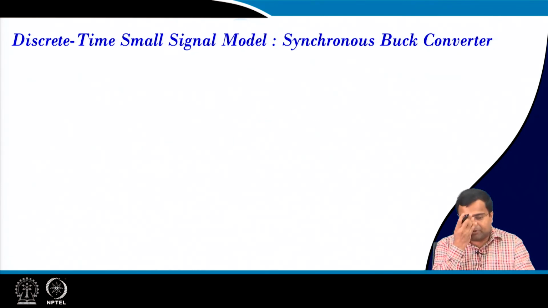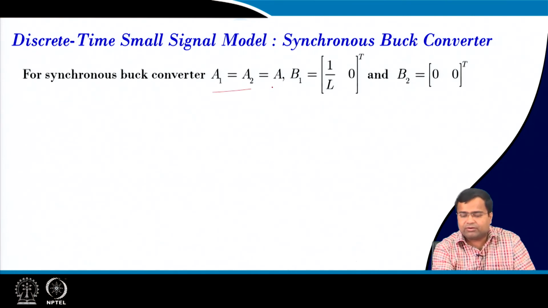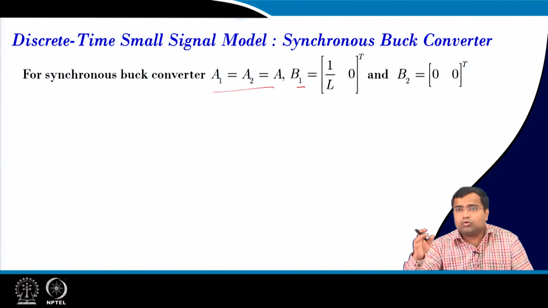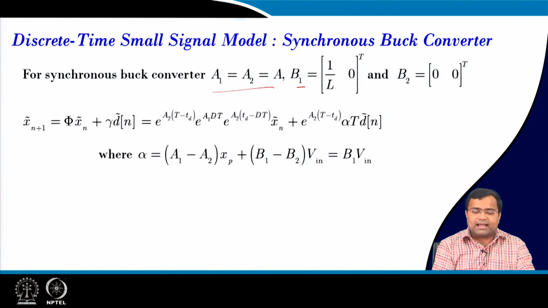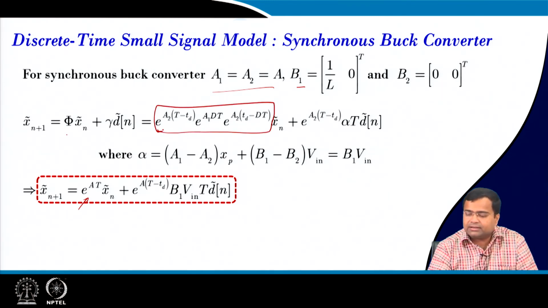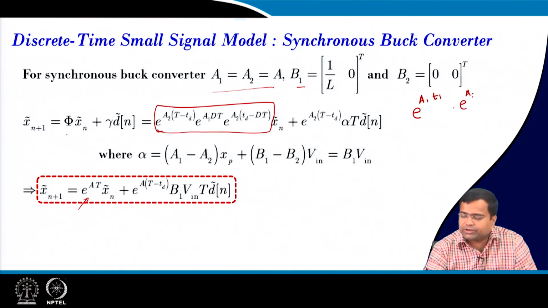So if you talk about a synchronous buck converter, A1, A2 are same, and B1 is non-zero, but B2 is 0. If there is no load, because we are not talking about load sync, then this phi will simply become alpha. So this will be e to the power AT, because all A1, A2 matrix are common. So you can write e to the power A1 T1 into e to the power A2 T2.